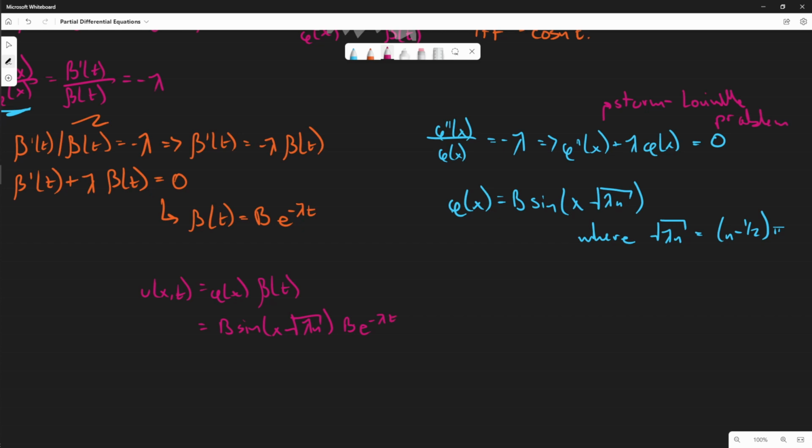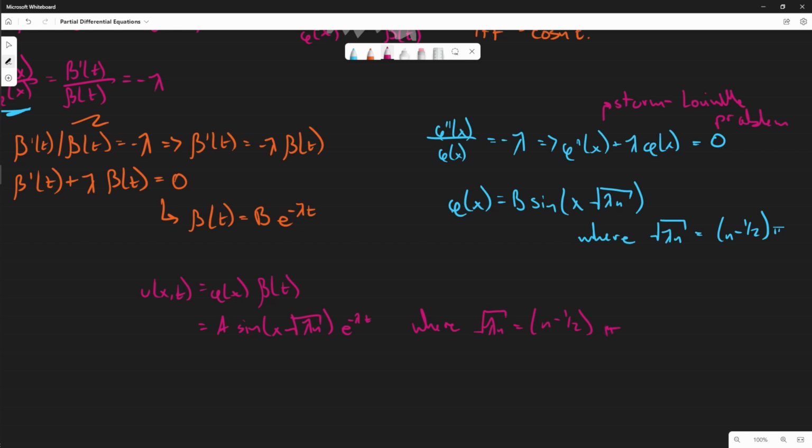And so what we can essentially do is convert all these into a single constant, which we're going to call a, where the square root of negative lambda n is equal to n minus 1/2 times pi.